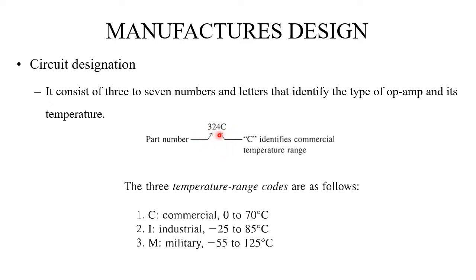The 324 indicates the type of operational amplifier, and the C identifies the temperature range. There are 3 codes for identifying the temperature: C is for commercial, I is for industrial, M is for military, and these are the operating temperature ranges.